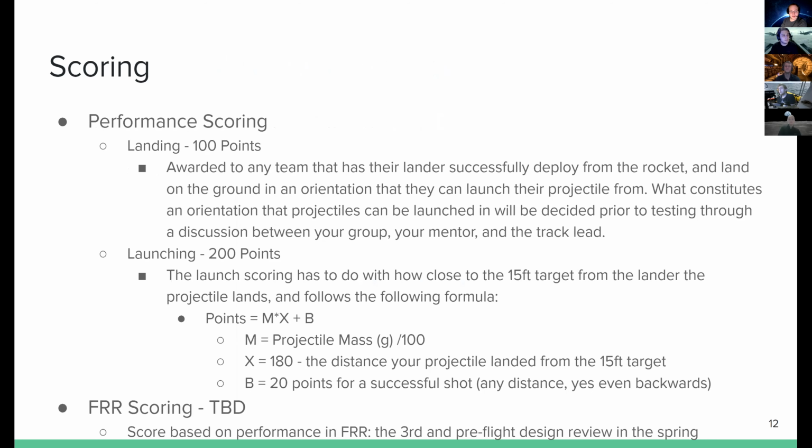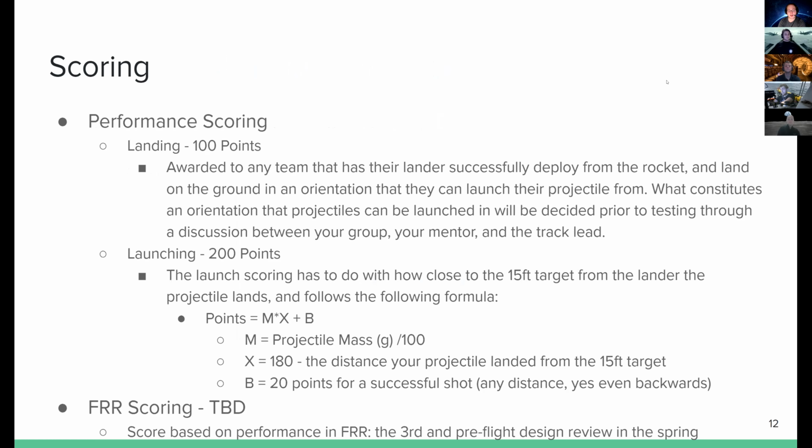All right. And then I think the last thing for me is scoring. So this is how you guys are probably going to figure out priorities and whatnot. There's a total maximum of 300 points for performance scoring, which is how the actual system performs on launch day.